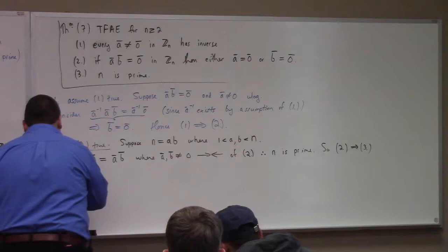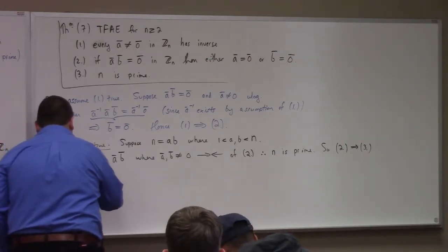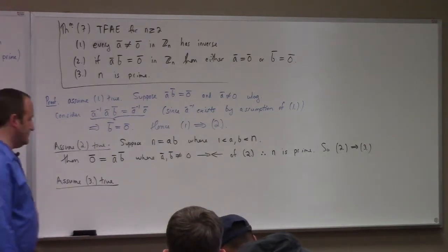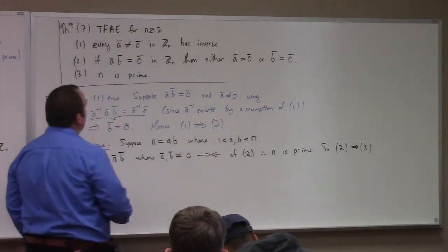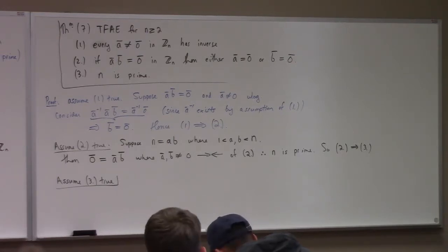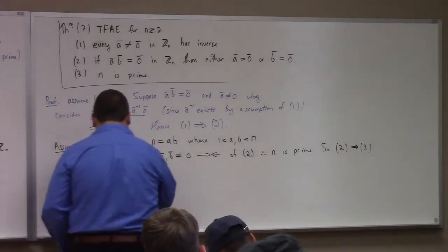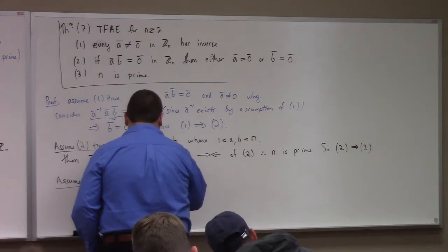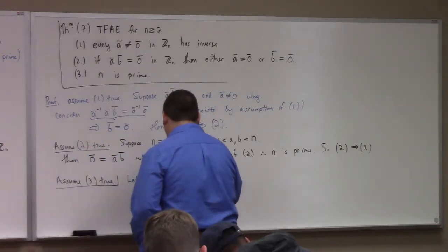So assume 3 true. N is prime, right? And what do we want to show? Every A not equal to 0 in Zn has an inverse, right? So let A bar not equal to 0 bar in Zn.